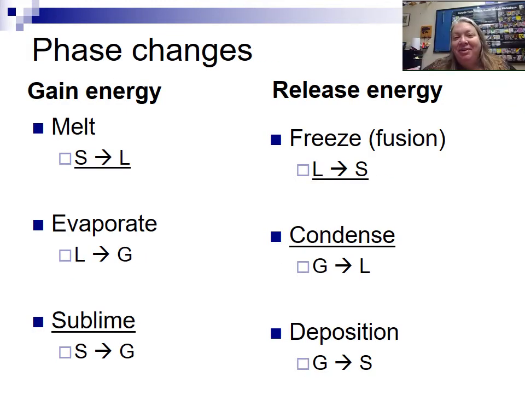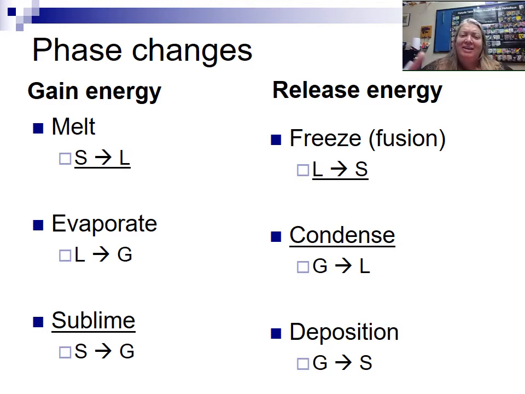Now, continuing on with these phase changes of going from one state of matter to another, we're going to look at some of the special names they have for those changes. The first thing we're going to look at is what happens when you melt something. If you melt something, you're going from a solid to a liquid. You know that when you go from a solid to a liquid, you have to add energy to make that happen.